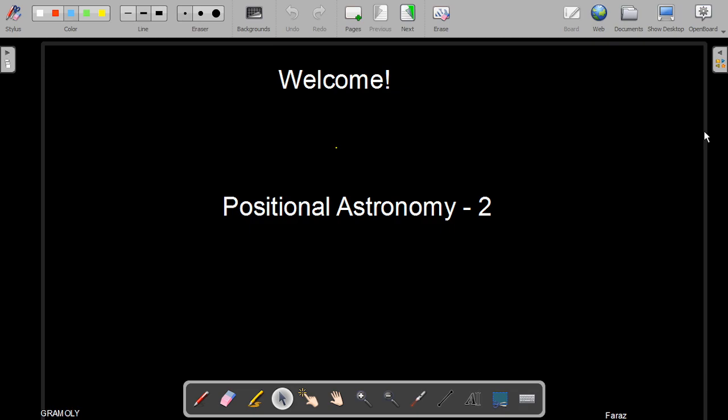In the previous lecture, we learned the equatorial coordinate system, the horizontal coordinate system, and the rest of the basic terms in the coordinate systems.